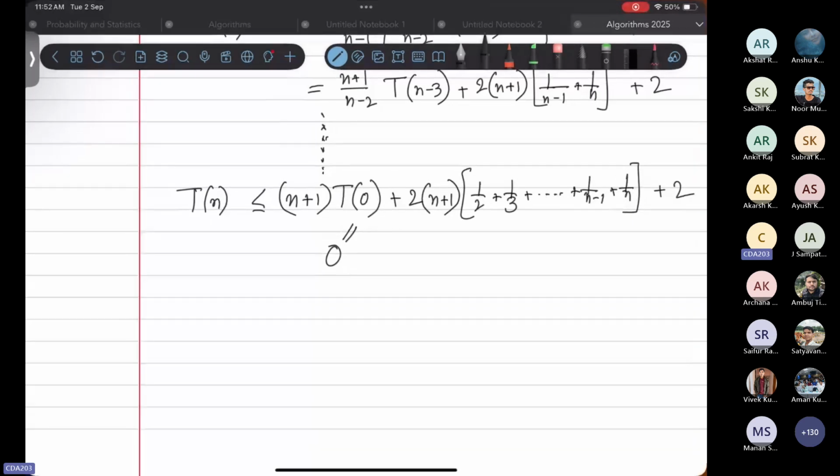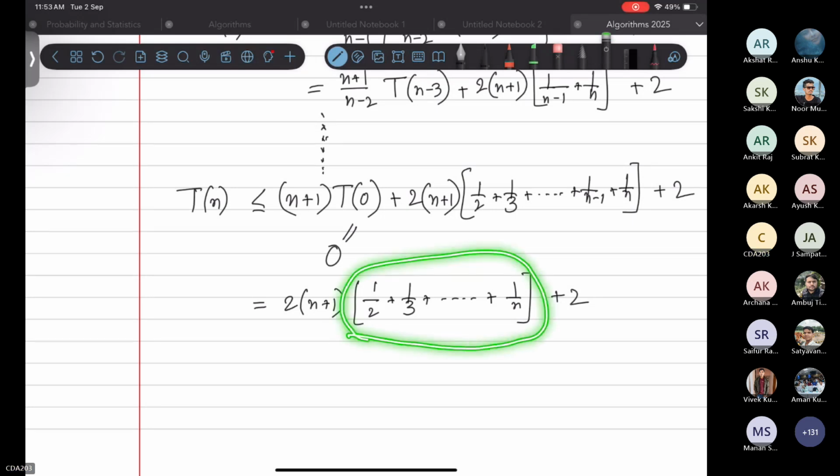this quantity will be equal to plus a 2, right? Now, can anyone tell me what is this quantity?